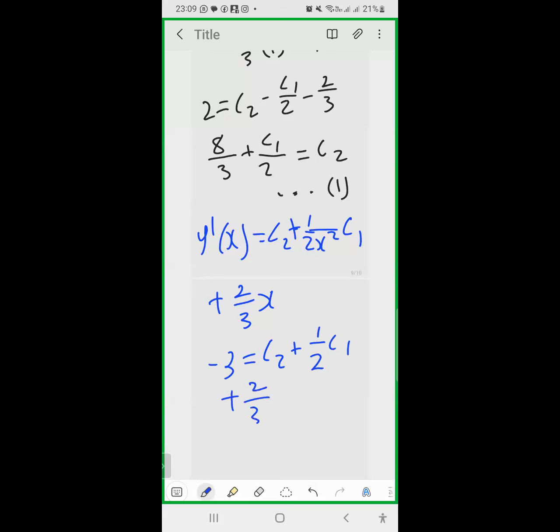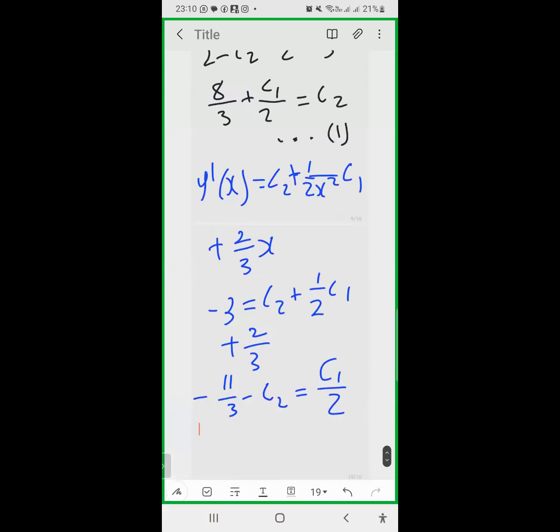Then plus 2 over 3 into 1, which is 2 over 3. Then we'll have minus 3 minus 2 over 3, that is minus 11 over 3. And then I can have this by minus c2 equals c1 over 2.